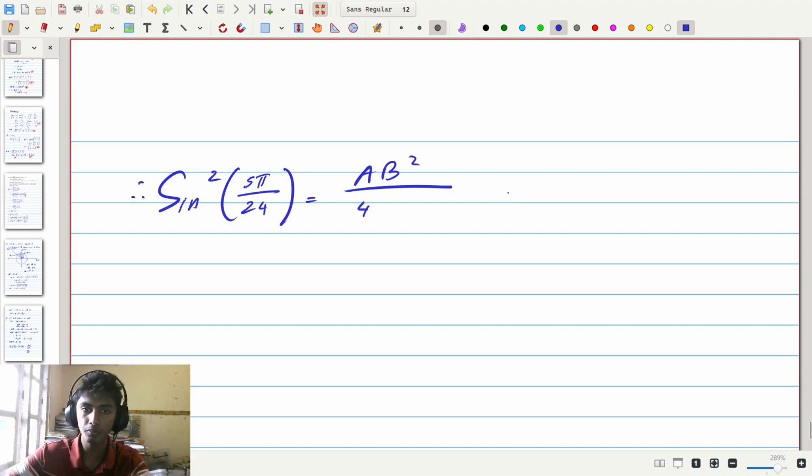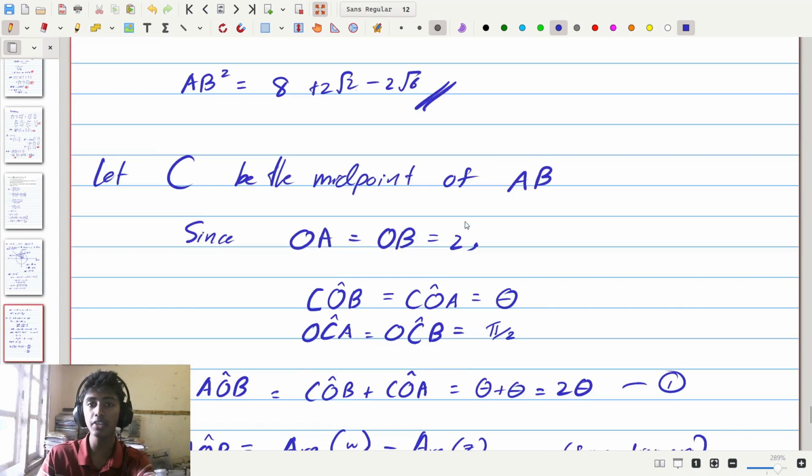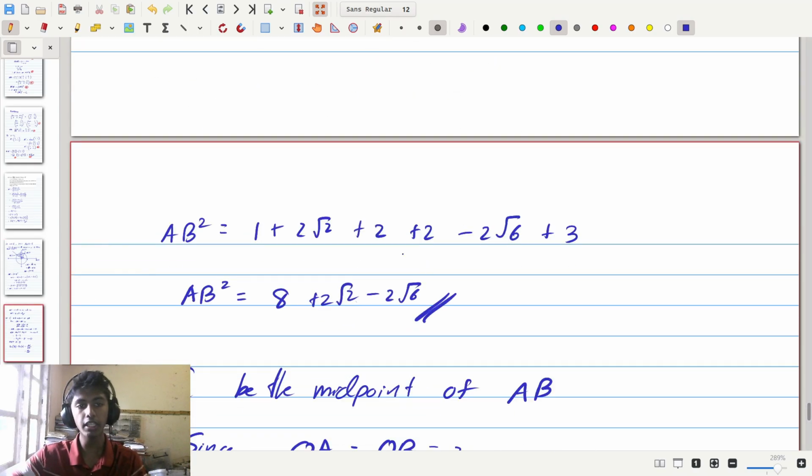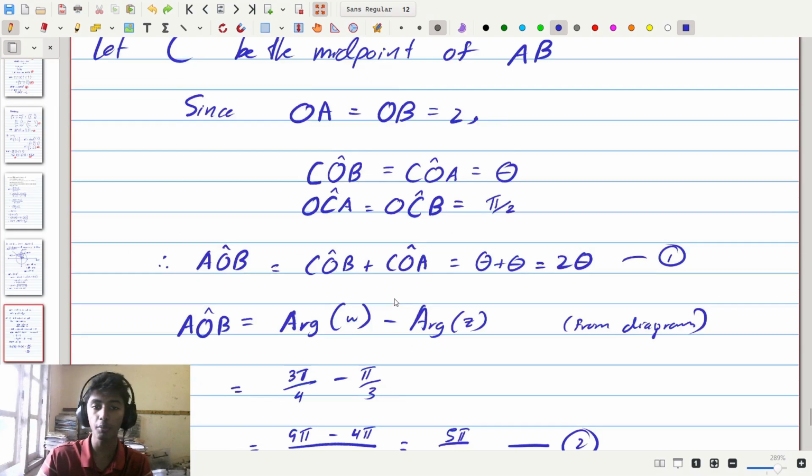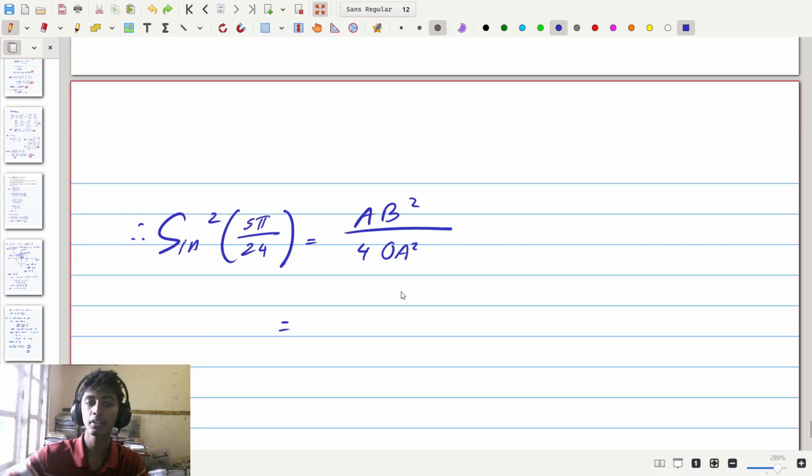Now substituting the values in, AB squared we found earlier is equal to 8 plus 2 root 2 minus 2 root 6. So substituting that in, we have 8 plus 2 root 2 minus 2 root 6.